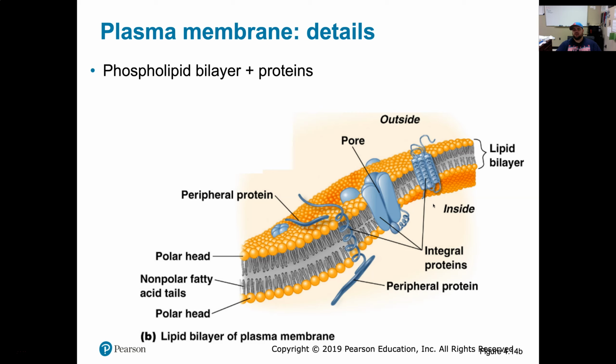So the big difference is our cells, animal cells, have only a phospholipid bilayer holding our entire cell together. Every cell in our body is held together by a 2-molecule thick structure. Here's molecule 1 facing inward, molecule 2 facing outward.